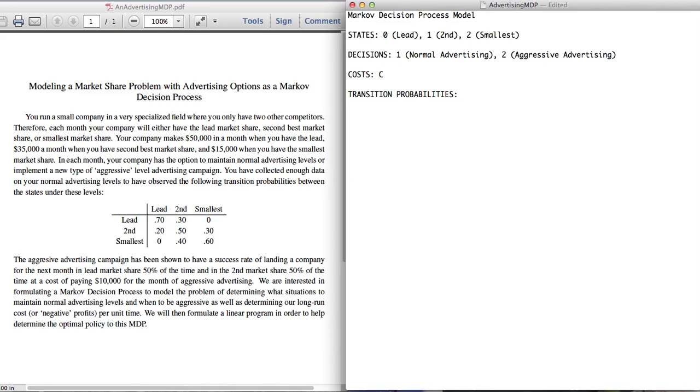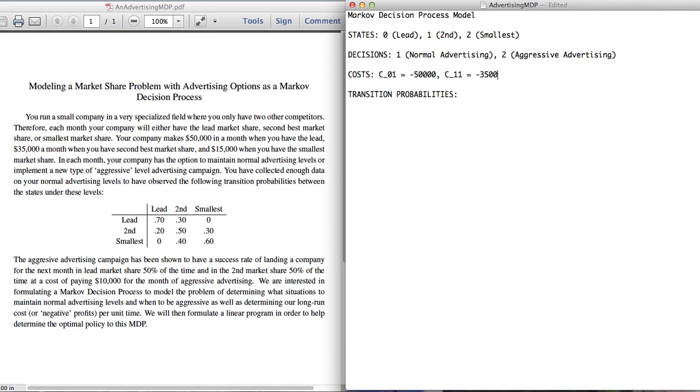So our cost C of 0,1 is minus 50,000. Our cost of being in the second market share and continuing with our normal advertising is minus 35,000.